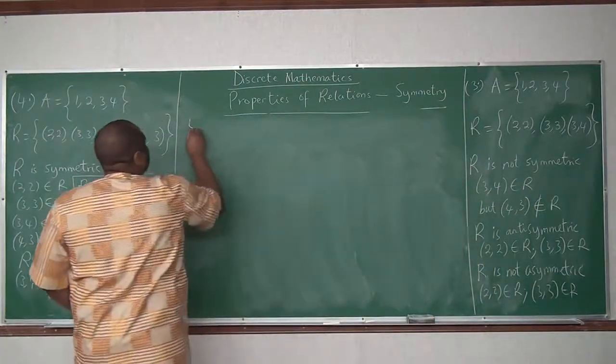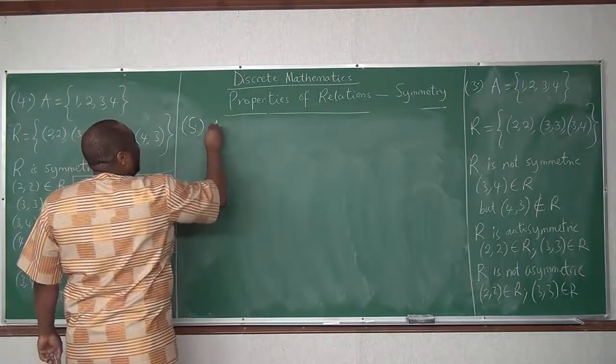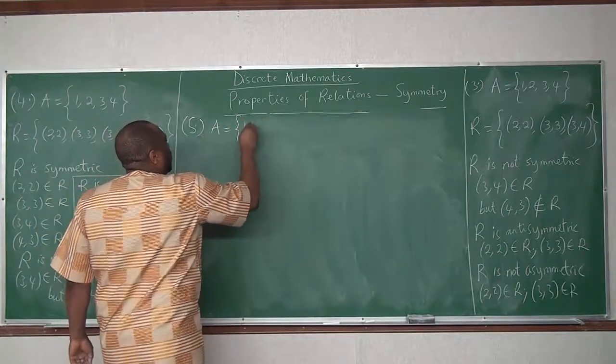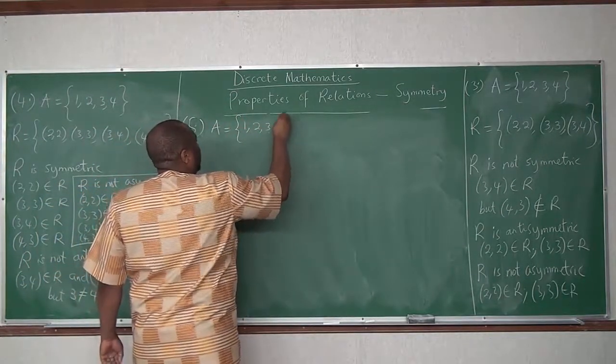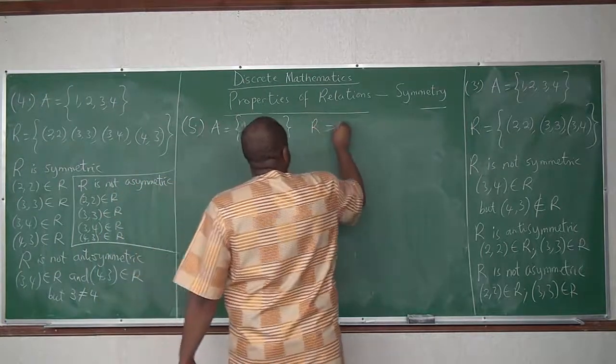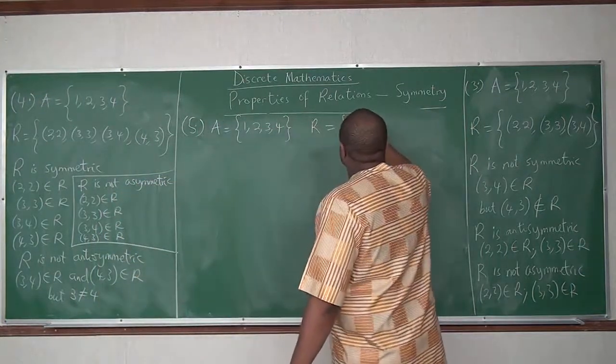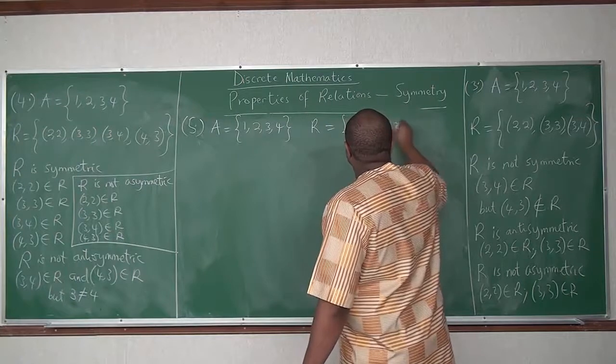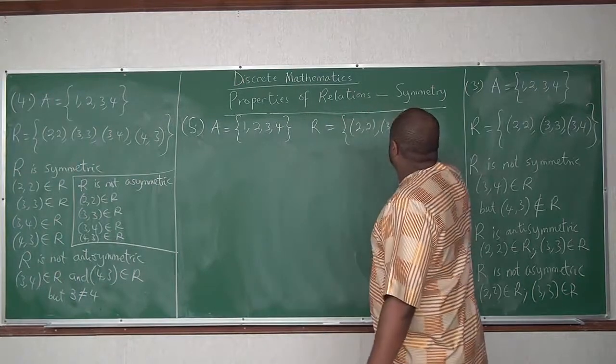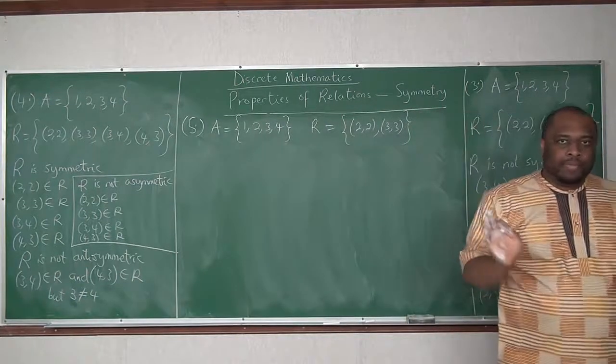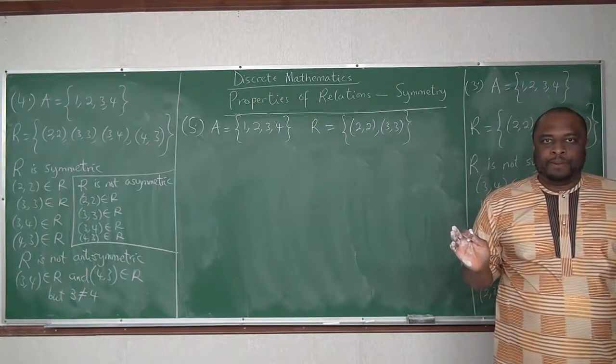Example 5. Let's say we have A to be {1, 2, 3, 4}, and we have R to be {(2, 2), (3, 3)}. Okay?